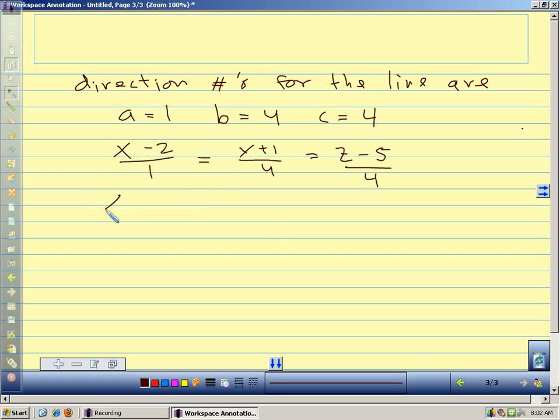So we could write x equals 2 plus t, y equals -1 plus 4t, and z equals 5 plus 4t. So those would be our parametric equations for the line. If the problem asks us for parametric equations, we could write it like this. These are the symmetric equations.